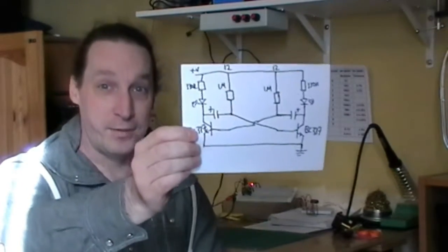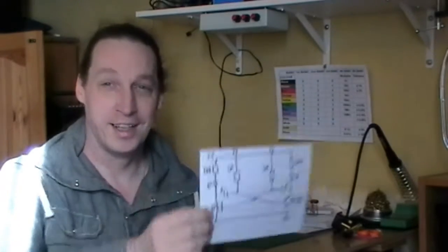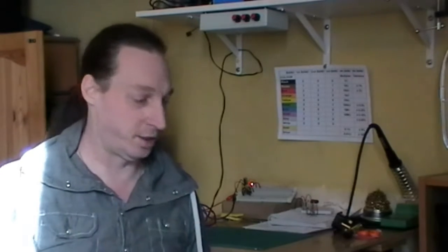So there we go, flip-flop circuit. Don't really quite understand why it works. I know it does. I've got it on the breadboard, it's flashing away. I sort of understand some of the concepts and what's going on, but I don't fully understand why it works. I know that some are turning on and off.